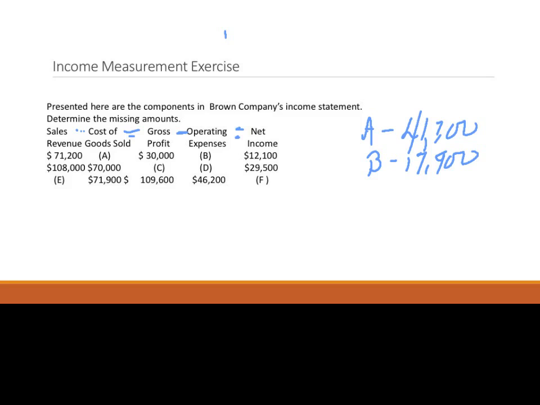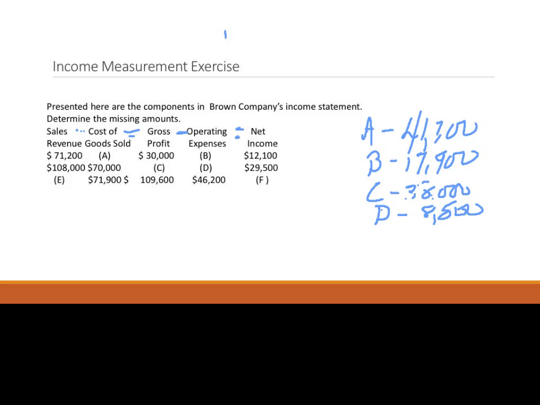Now C, revenue minus the cost of goods sold. Well, C would be 38,000. And once I have 38,000, subtract operating expenses from 38,000 to give me 29,500. Therefore, operating expenses would have to be 8,500.